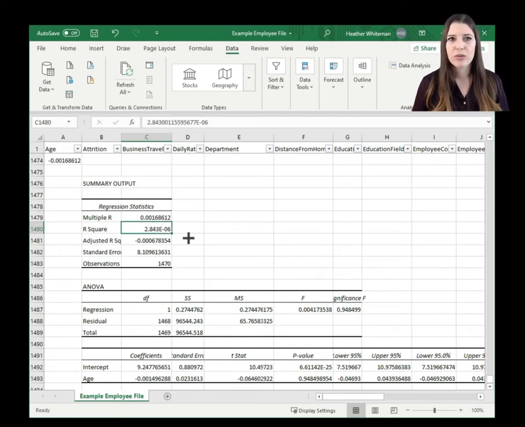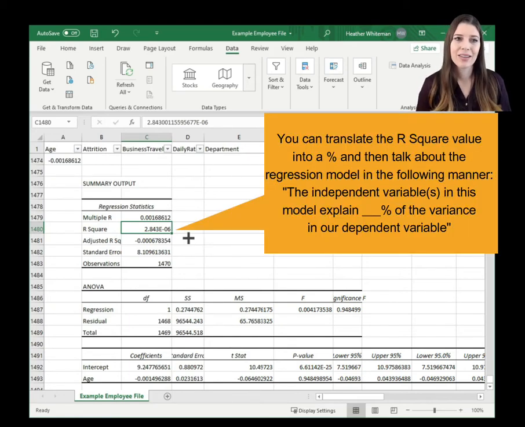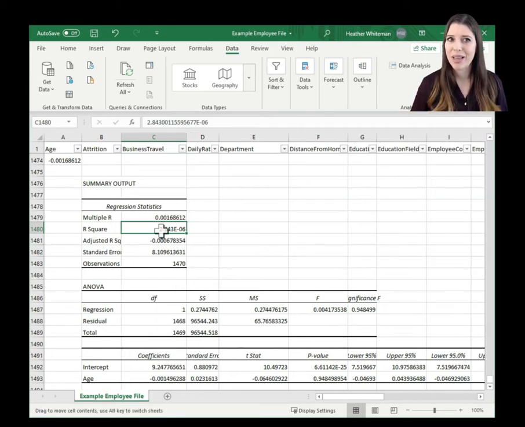The reason we do that is we can use this R squared number as a measure of strength. Typically, we use R squared to discuss the amount of variance in our dependent variable that we can explain by our independent variable or variables. So in this case, it's a really small number, so not a lot is explained.